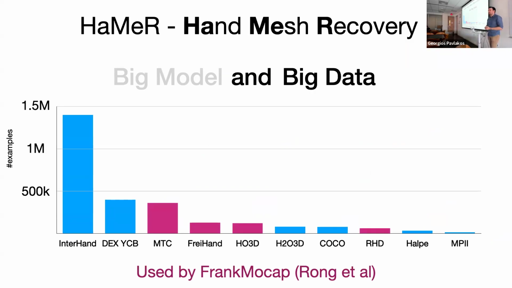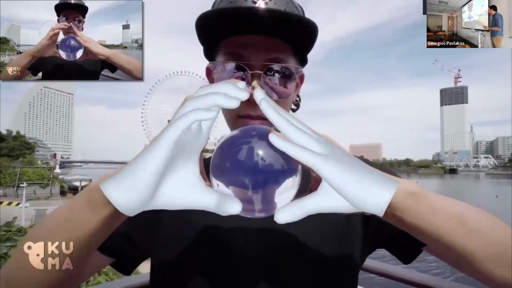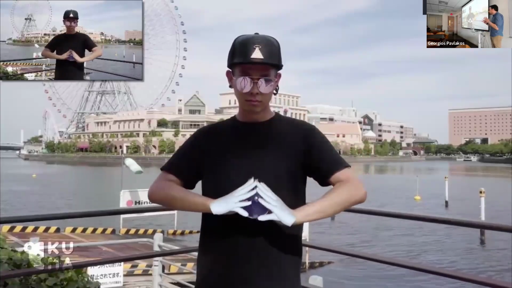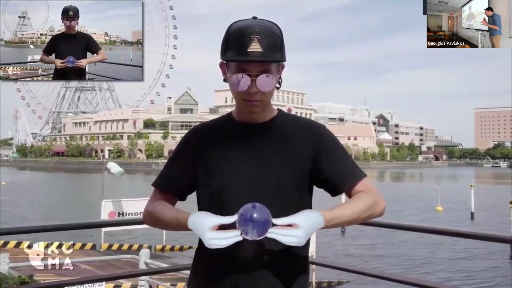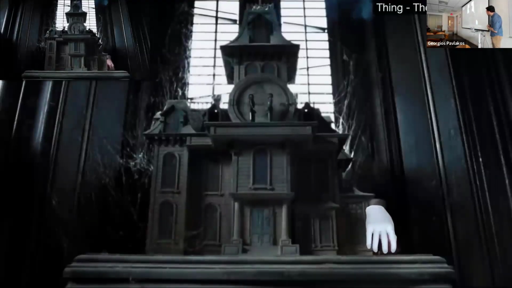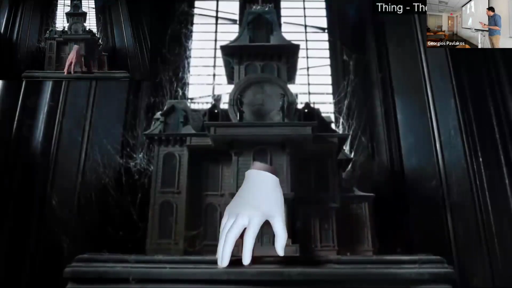Again, we apply all the best practices that we learned before, and this leads to a very compelling model with very compelling results. We tried it on a variety of settings, this is contact juggling. We tried it on cases where you don't have any context about the rest of the body. This is the hand from the Addams Family.